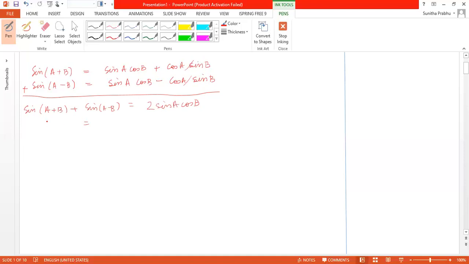So if you see here on the left hand side, what I'm left with is sine of some angle plus sine of another angle. And on the right hand side, what I have is 2 sine product, right? So this is how we will be deriving all the identities. Okay.